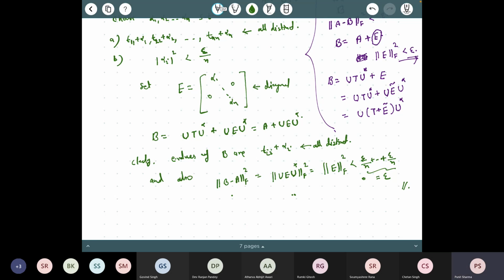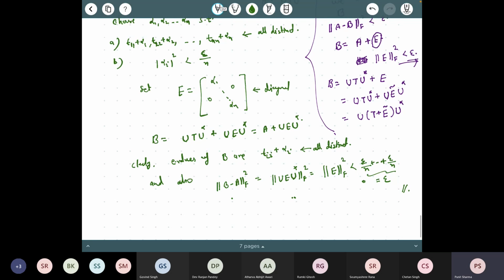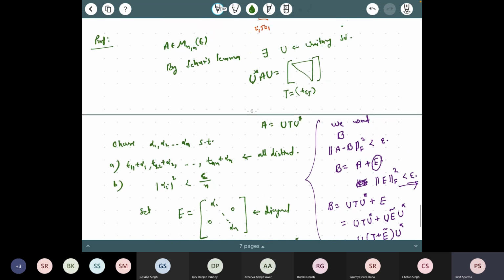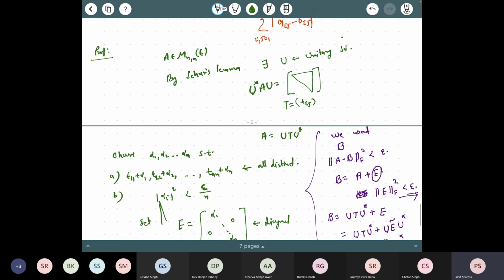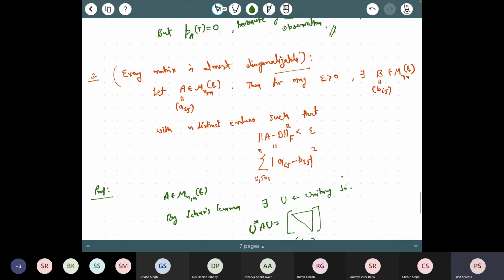So you can see that we are not only almost diagonalizable, we can actually find a matrix such that all its eigenvalues are distinct. So using that, we can say the same proof will also work for saying that for every matrix A, we can always find an invertible matrix which is arbitrarily close to A. The same proof will work.